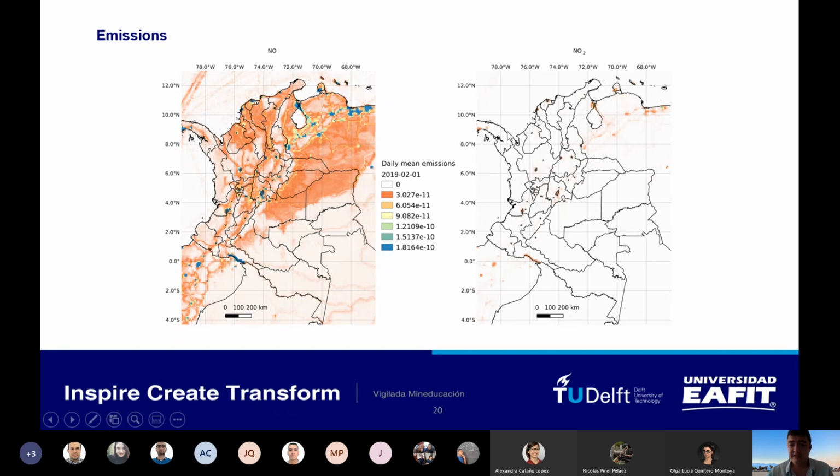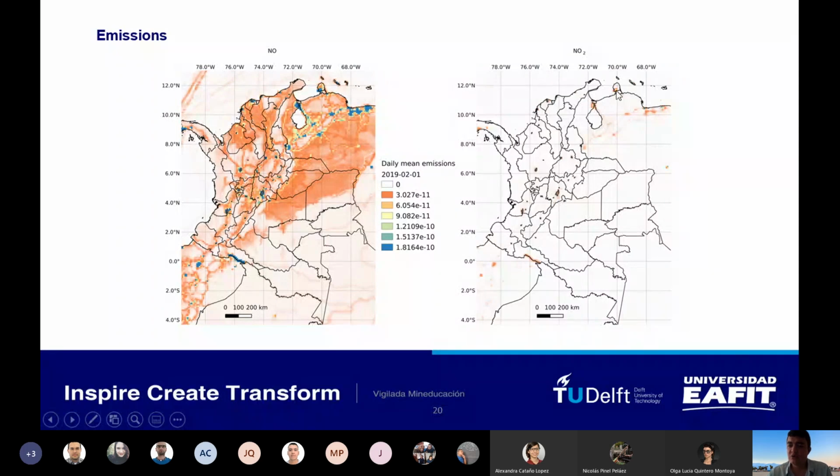These graphics are in the same resolutions, in the same magnitudes. So you can see that NO2 corresponds to a lower value than the NO. NO has more areas in the country with this kind of emission, and also biogenic emissions related.